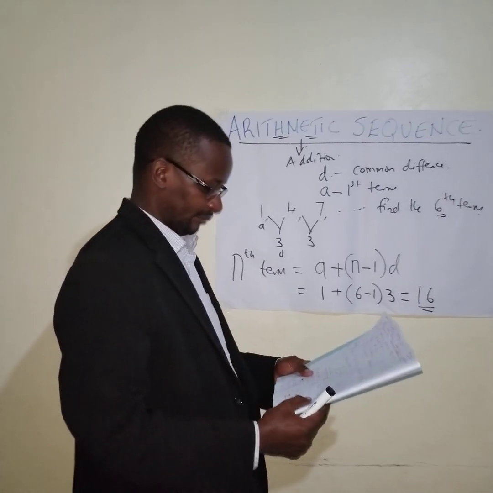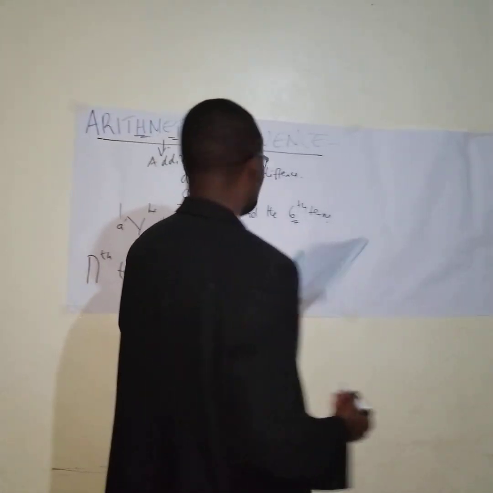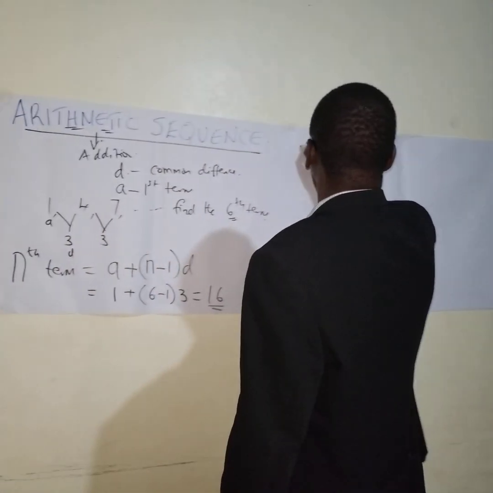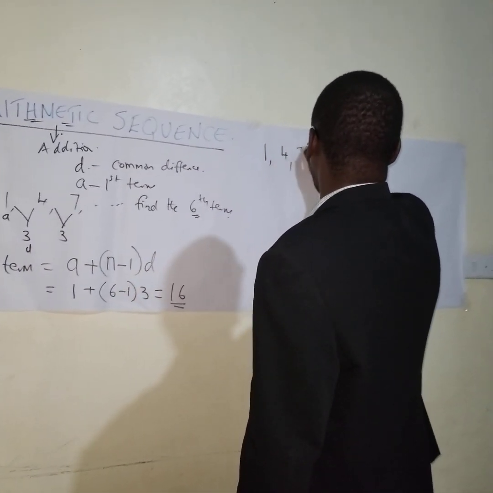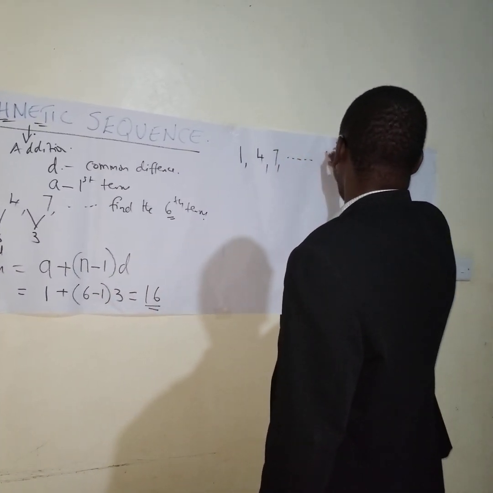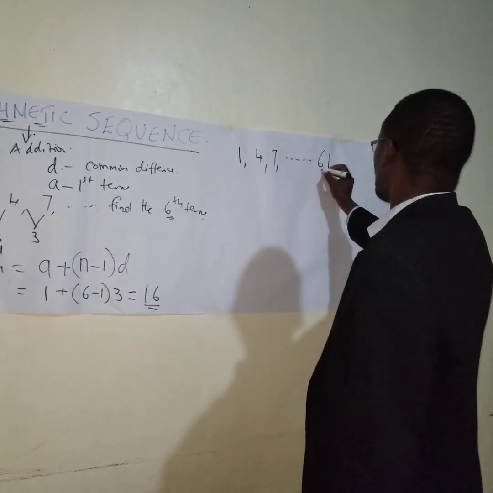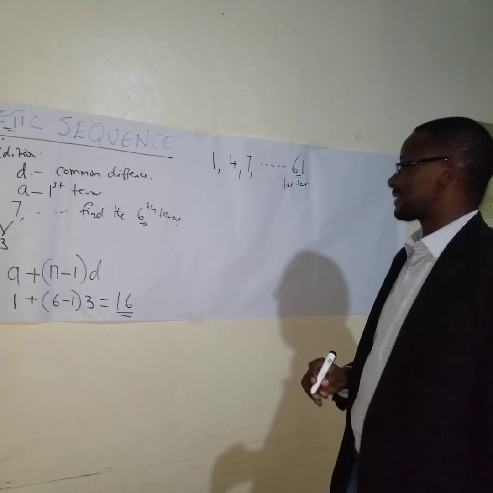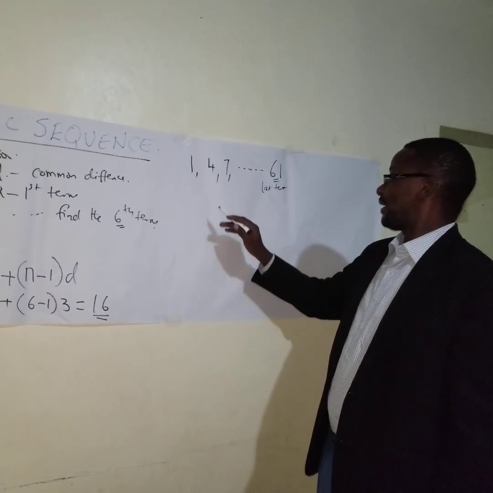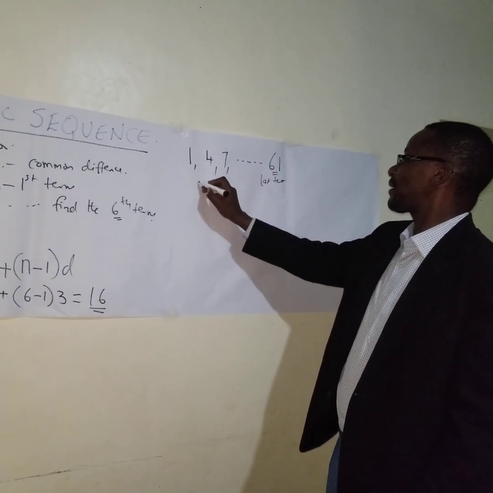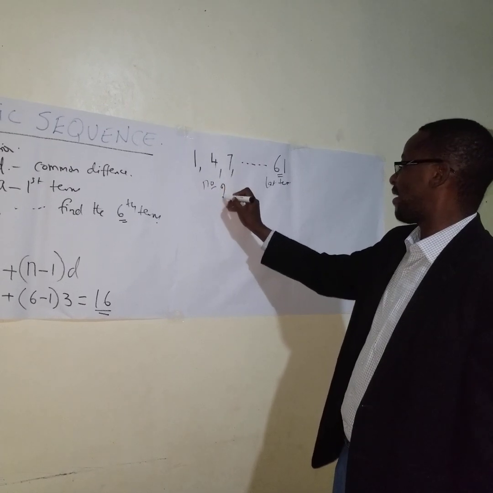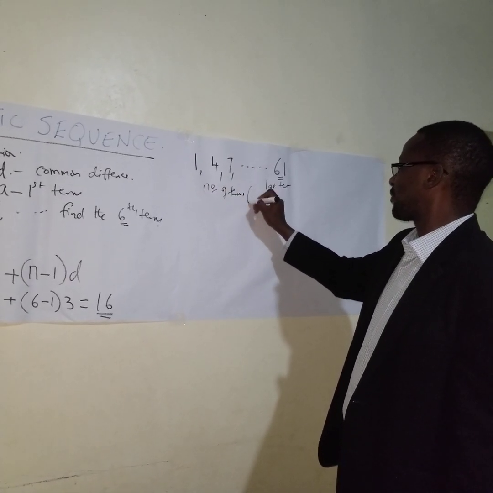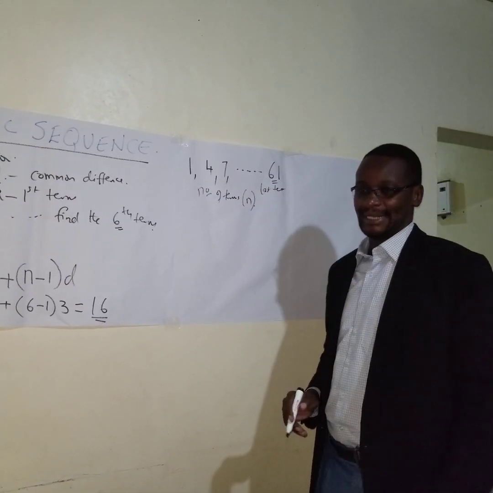For example, in the same sequence, 1, 4, 7, all the way to 61. So 61 here is the last term. If you're asked to find the number of terms, the number of terms is n.